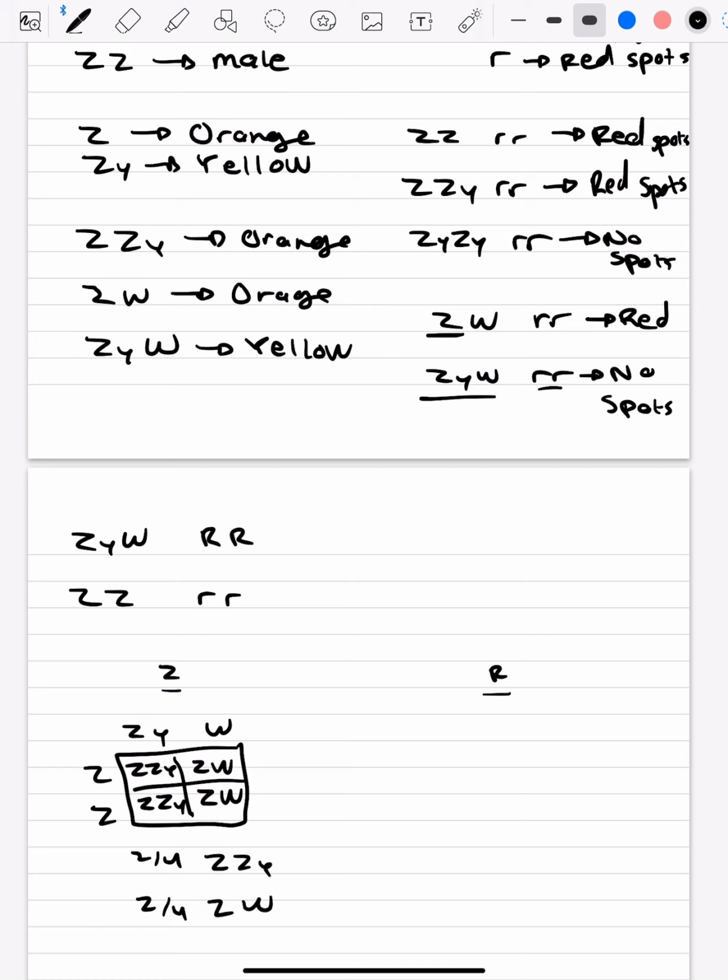Now we're going to do the same for the R locus. And it doesn't really matter what side you decide to put the males or the females on. You could put the male on top, the female on the side. It doesn't matter. I'm just going to put it on the side because I feel like it.